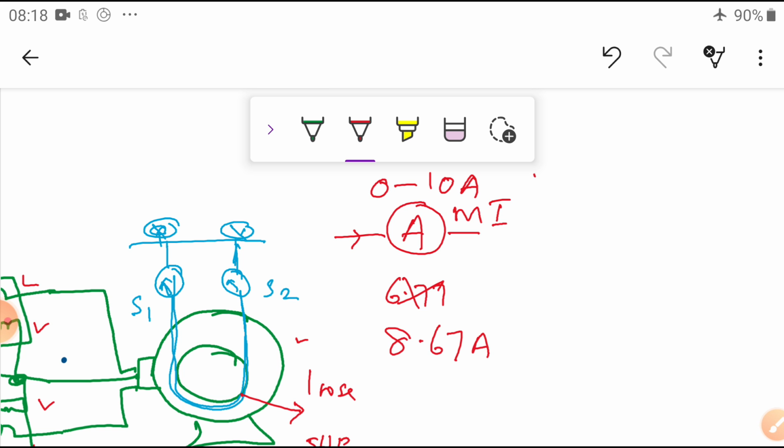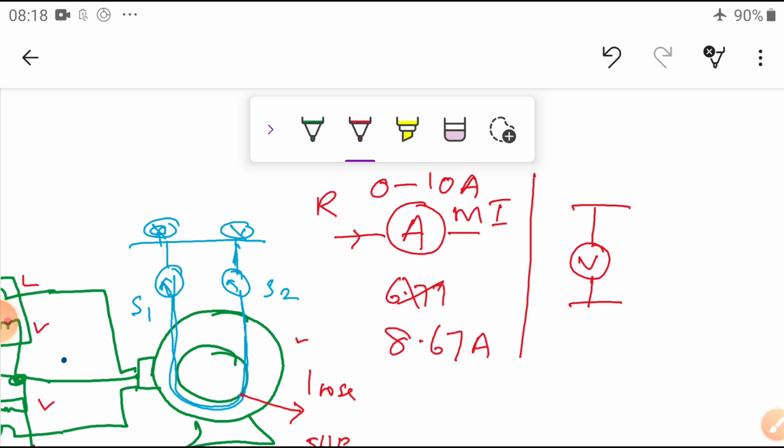This is for the ammeter. And for the voltmeter, you take the voltmeter and connect it between two phases. Whether it is R phase, Y phase, or B phase, any two phases, you connect it between two lines.